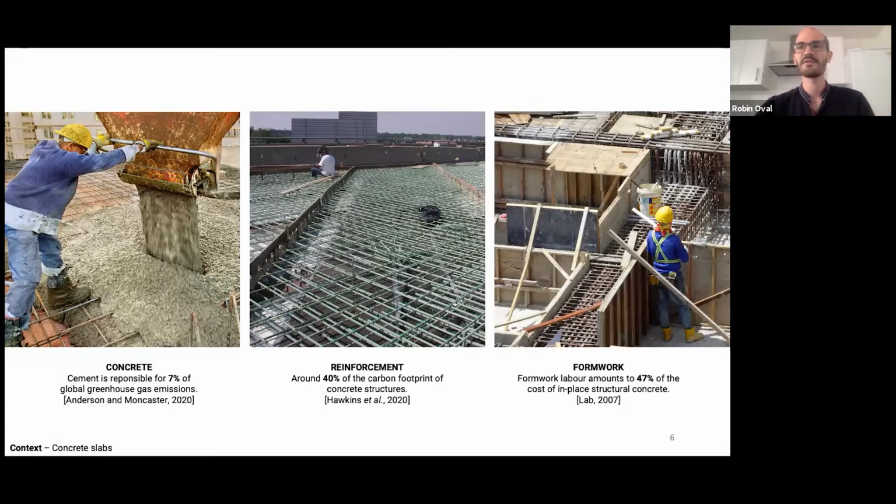The labor and time needed, here in the case of this image on the right, to shape this timber plate can be up to 50% of the cost of in-place structural concrete production. So these are the three aspects that you need to think about when you're assessing the environmental impact of a concrete structure or concrete slab.